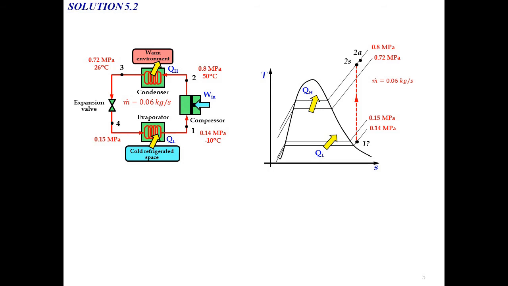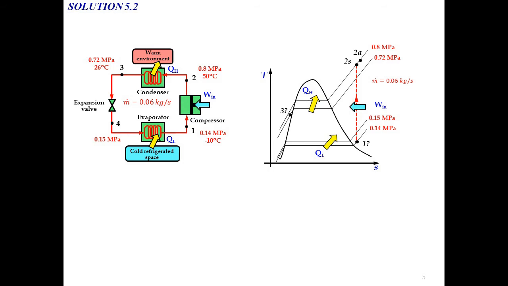And then we know that for the actual one, the value of W in is greater than the value of W in for the ideal one. So we will have 2a slightly higher than 2s, and we will have W in during the compression process.